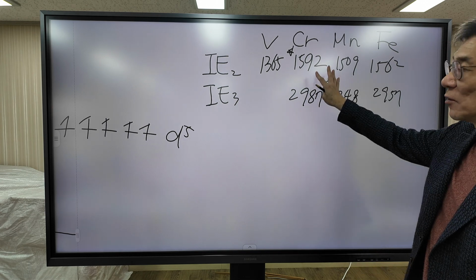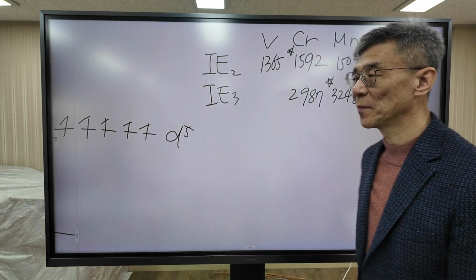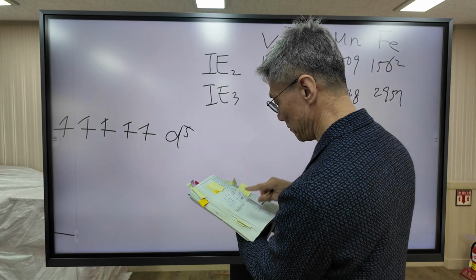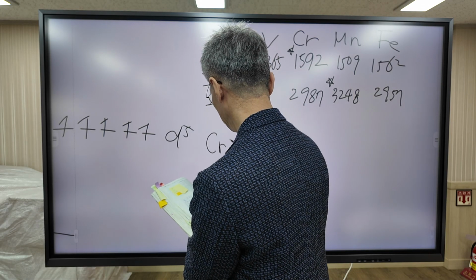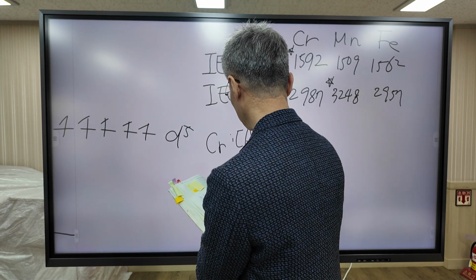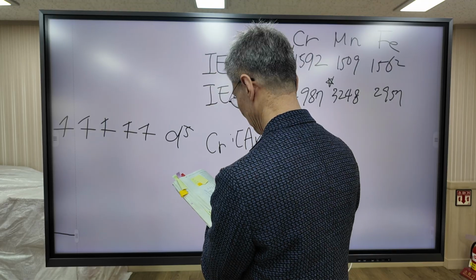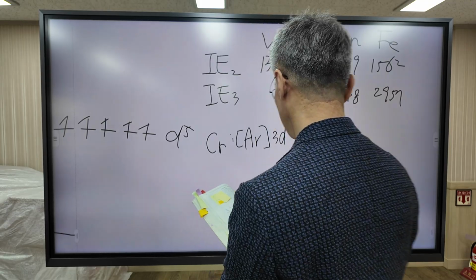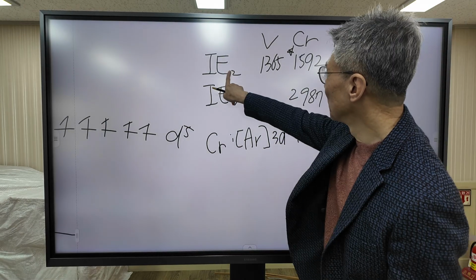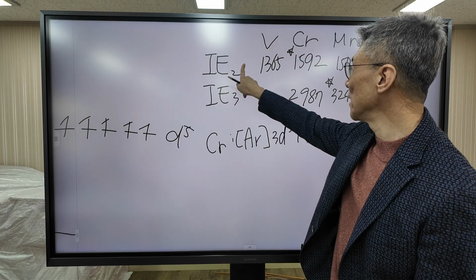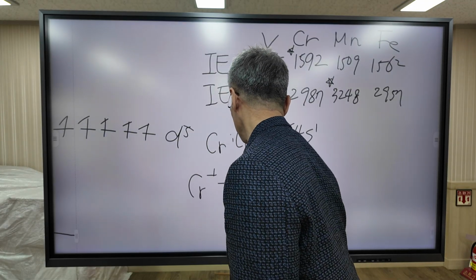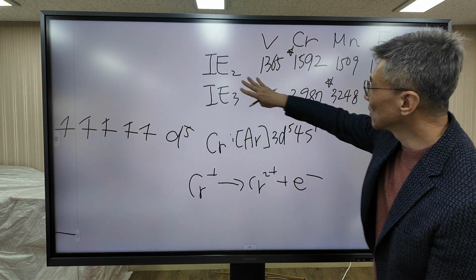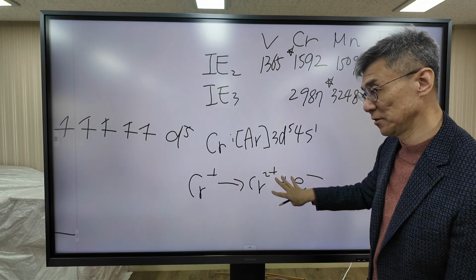We can explain this anomaly using this stability. Now, the electronic configuration of scandium, chrome. So, I'm sorry. The second ionization energy is associated with the following reaction.